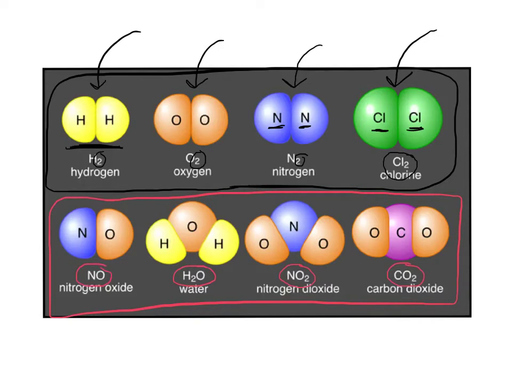So if we look at nitrogen dioxide here, it's NO2, and the O2 refers to the two atoms of oxygen stuck to the one atom of nitrogen. For carbon dioxide, we have CO2. There's one carbon atom, and there are two oxygen atoms stuck to it. So these are compounds because they're made of different types of atoms bonded together in a specific ratio.